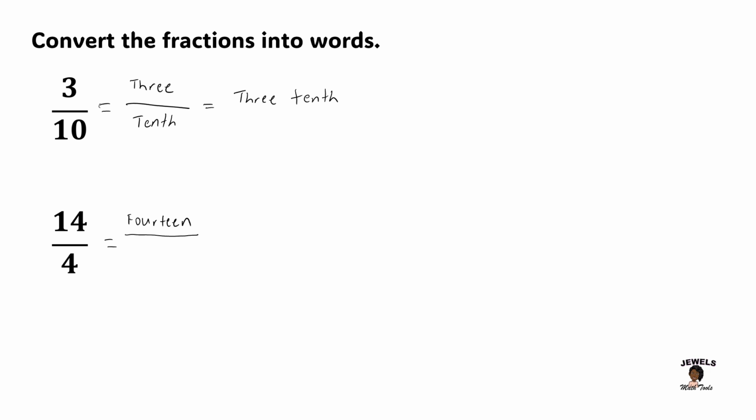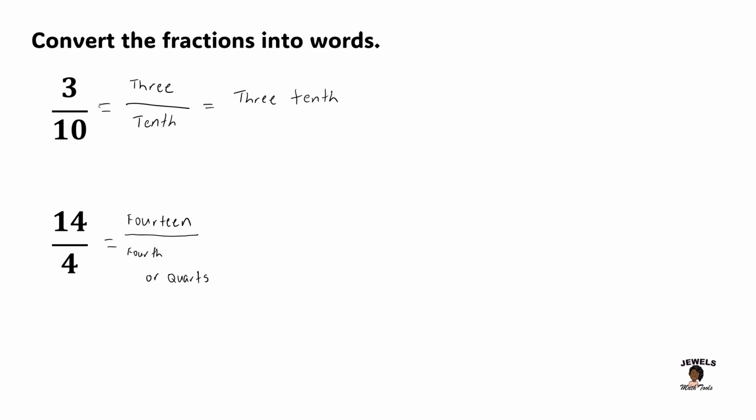Now with 4, the good thing is 4 is actually written in two different ways when you are changing your denominator with 4 into its ordinal form. Now we sometimes use fourth. Fourth can be used. That's not incorrect by any means, but there are occasions where you will mostly hear quarts when it comes to fractions, or as it relates to four in fractions. And quarts would probably be a word that you will hear a lot if you are taking a culinary class or even a science class.